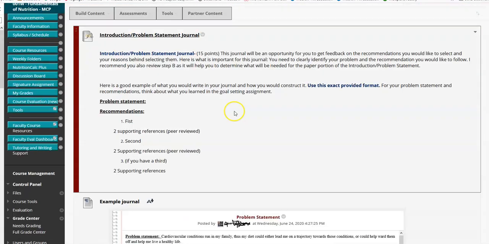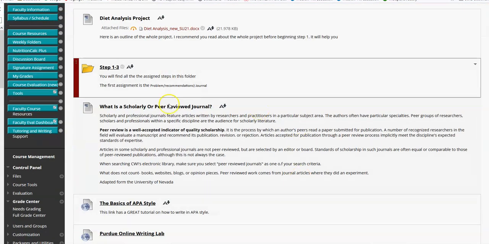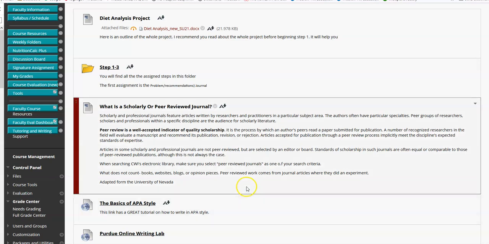Let's take a look right here, because under your signature assignment, we have what is a scholarly or peer-reviewed journal. And here is where it would meet the criteria. It's also very important that they do an experiment, right? That you're not just looking at a meta-analysis, you're not reading an overview of other papers. You want to be looking at papers where they conducted experiments and they have results.